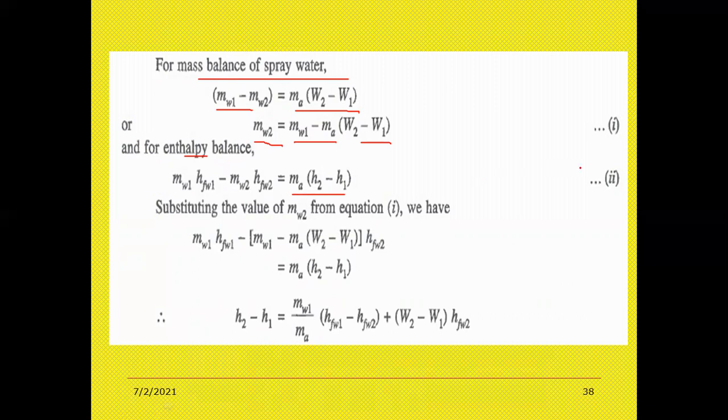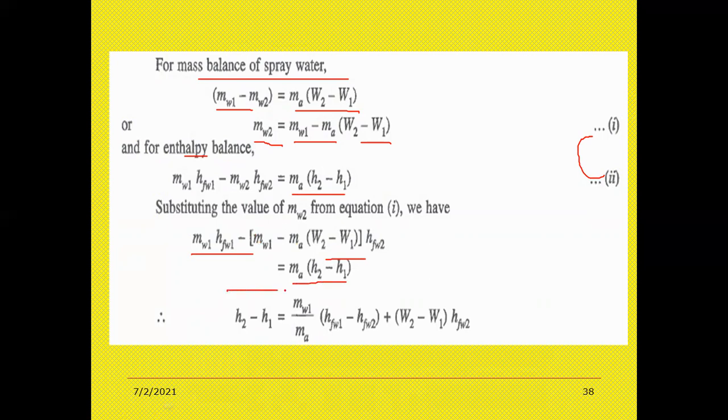Now substituting the value of MW2 from equation 1, we get MW1 HFW1 minus (MW1 minus Ma (W2 minus W1)) HFW2 equals Ma (H2 minus H1).